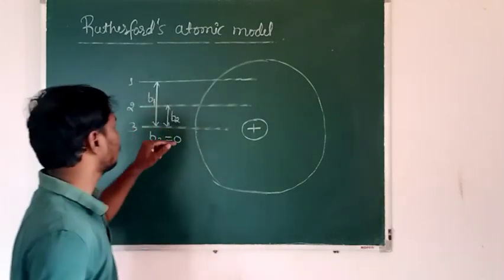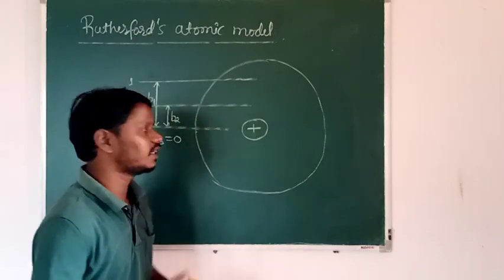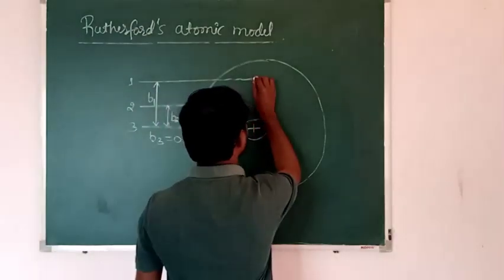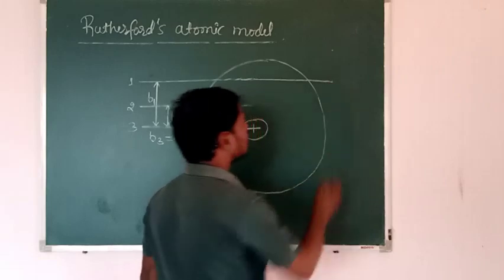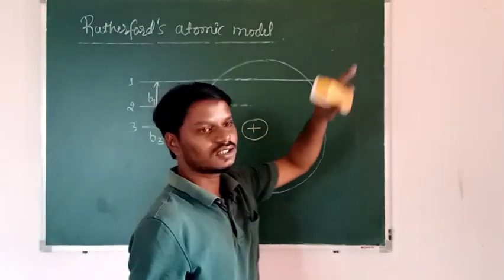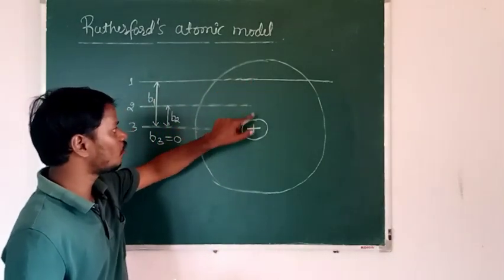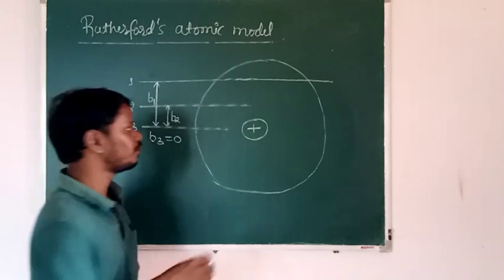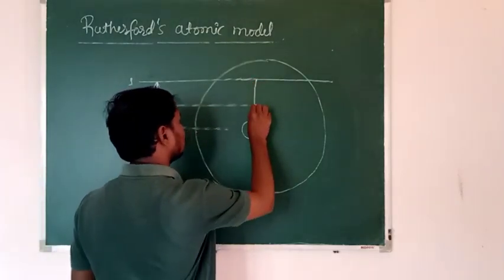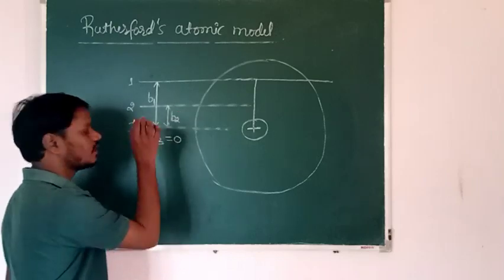See here, the first alpha particle experiences a weak repulsive force. That is why it will be scattered with the least angle, meaning the minimum angle. Almost this alpha particle will pass straight without any deviation, because it is somewhat away from the nucleus. Here b1 is greater than b2, and b2 is greater than b3.